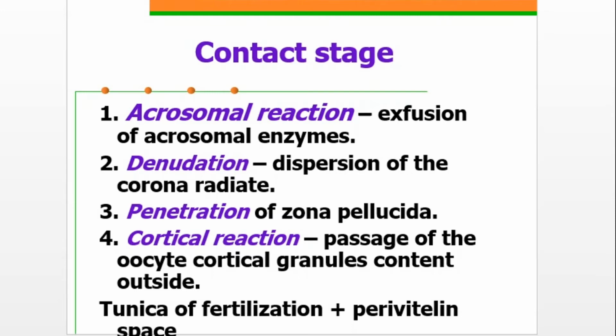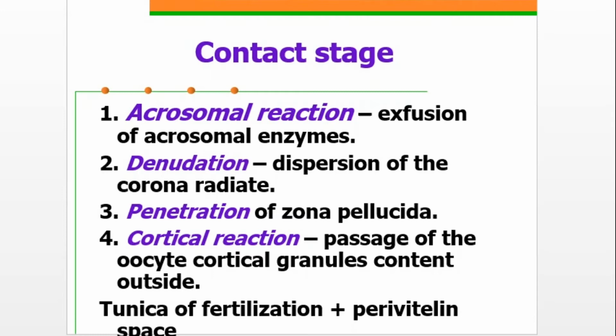for the melting of layers of the secondary oocyte which surround it, like zona pellucida and corona radiata.